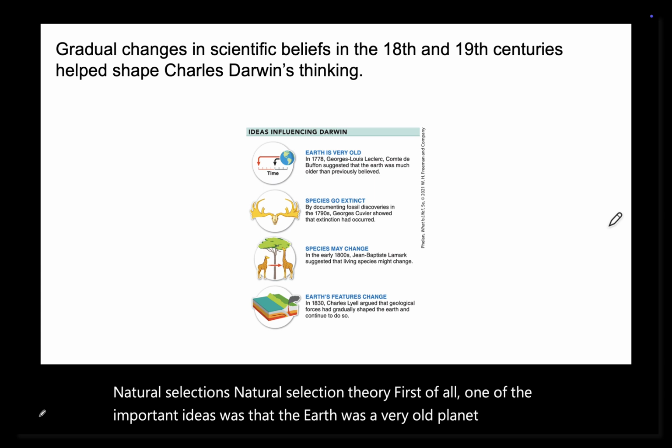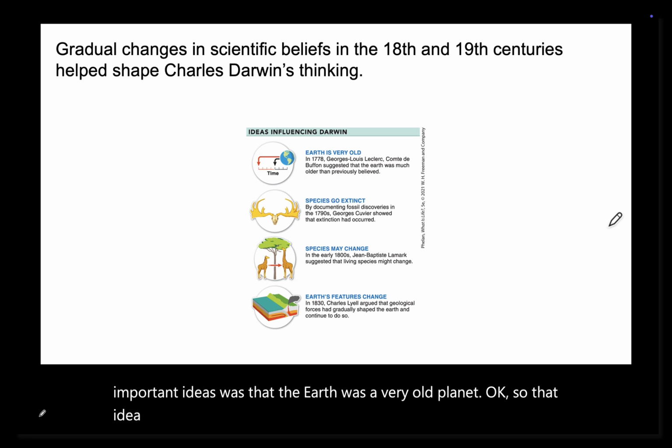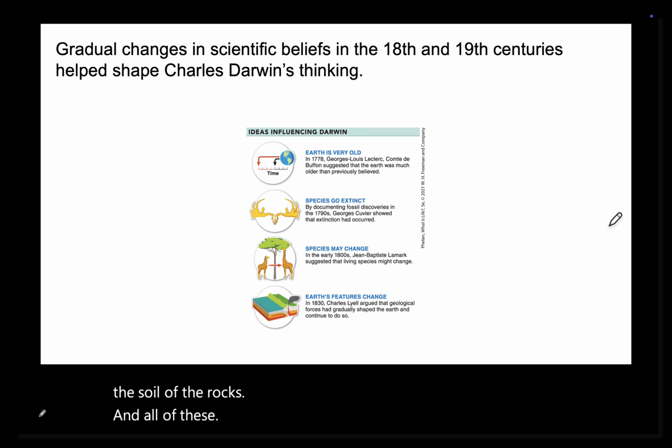Okay, so that idea was already postulated by some scientists due to their study of the soil, of the rocks, and all of this material present on Earth.